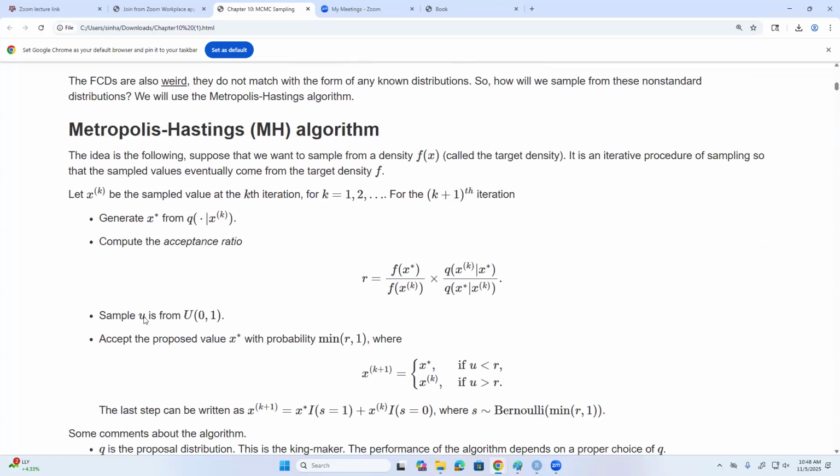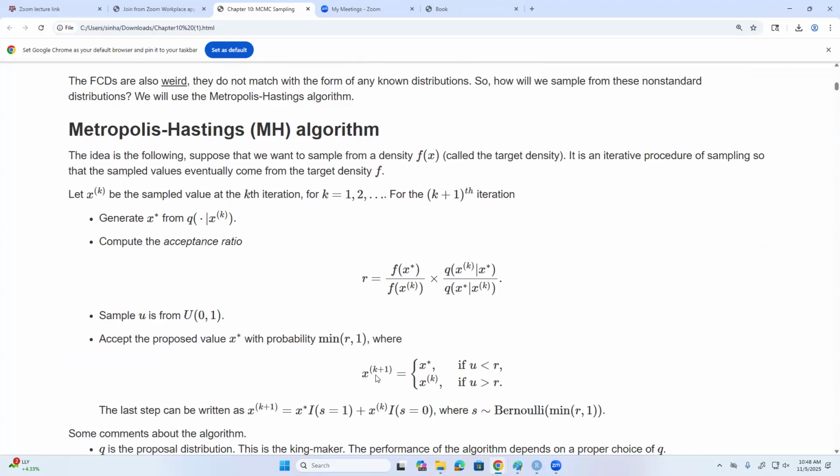Then you sample a random number U from a uniform distribution between 0 and 1 and check if U is smaller than this acceptance probability. If it is so, then you set Xk plus 1 to be X star.